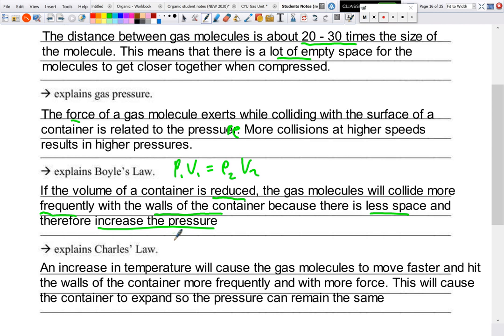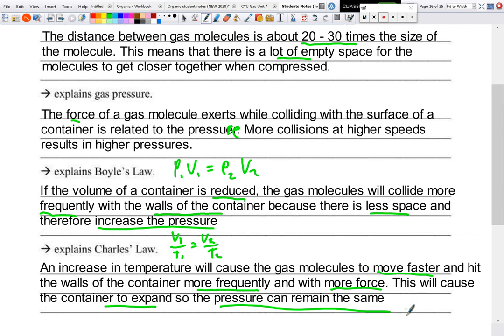And finally, explain Charles' law. Remember, Charles' law is V1 over T1 equals V2 over T2, so it relates volume and temperature. An increase in temperature will cause the gas molecules to move faster and hit the walls of the container more frequently and with more force. This causes the container to expand, so the pressure can remain the same.